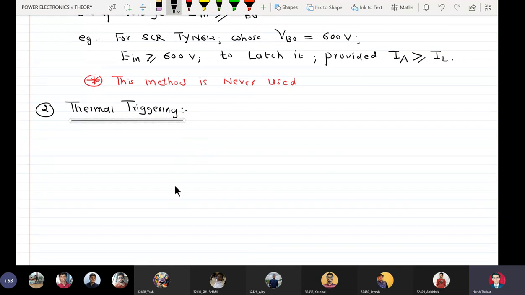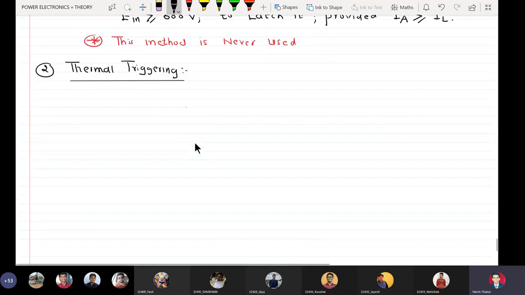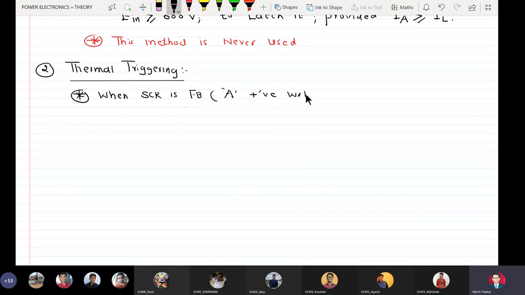So what is the concept here? We know that when SCR is forward biased, that is anode is positive with respect to cathode, the junctions J1 and J3 are forward biased and the junction J2 is reverse biased.